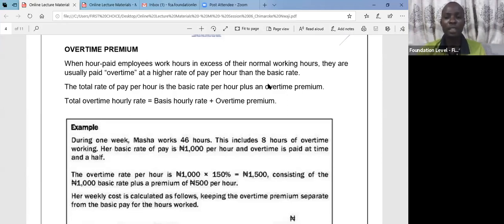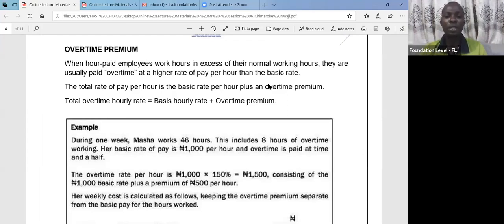So you can divide it into two. 100% of the 1,000 naira is the basic wage rate, plus the half, which is 50%. So you say 150%. So you see now that the overtime rate consists of two elements: the basic 1,000 naira rate plus the 50% premium, which is 500.